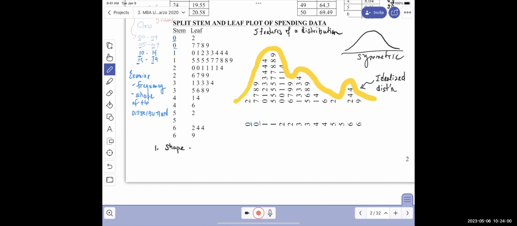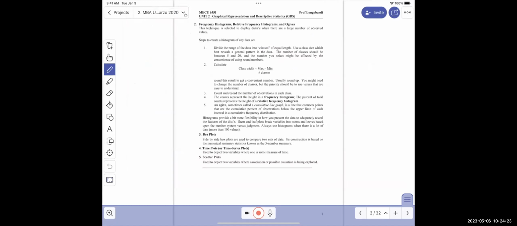Idealized in the sense that if I had all the data or sufficient representative data, I believe it would look like this, and I draw this curve. So it is not that picture, right? This is actually what we call skewed data. Skewed data can be of 2 types. So let me show you here.